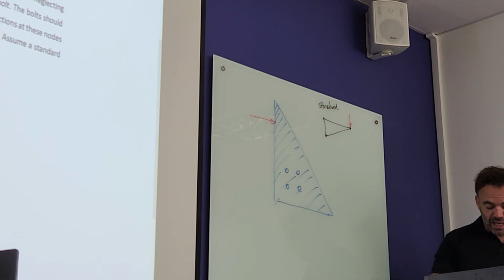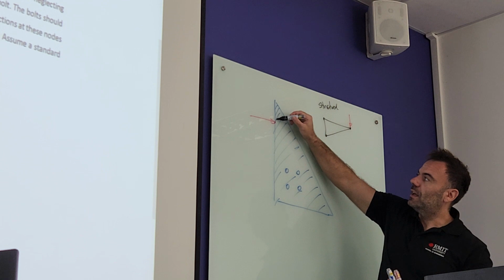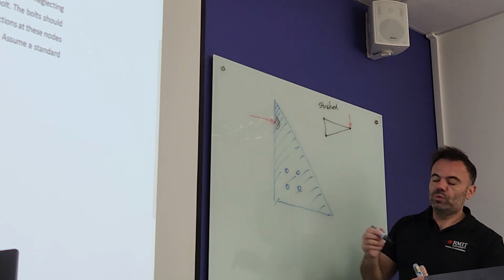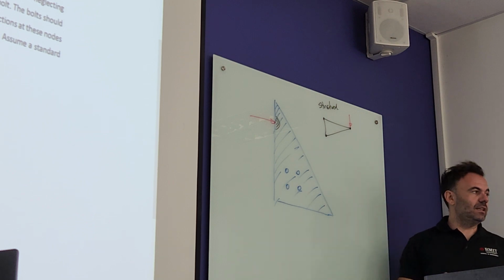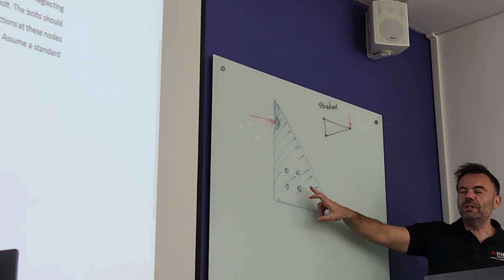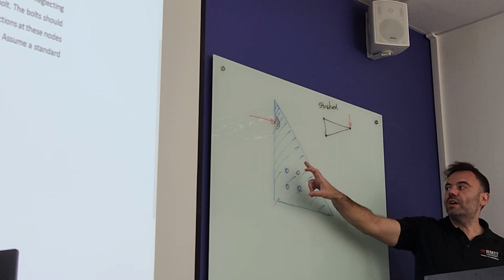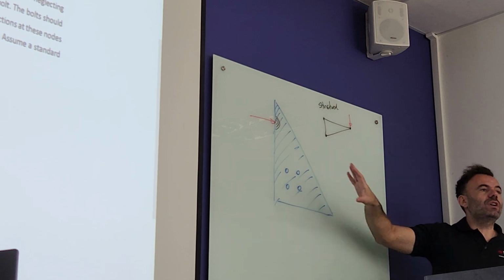Localized. We'll have highly localized stresses happening, and this bit here would probably deform and fail before anything else. Load may not be properly translated to the rest of the structure.